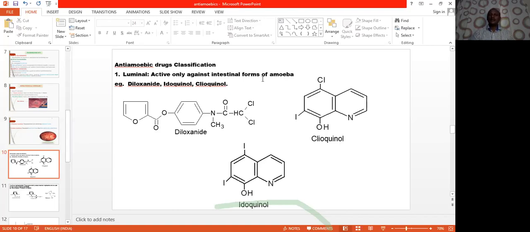If amoebiasis occurs in the lungs, brain, spleen, or heart, you cannot treat it using these drugs. They are only for intestinal amoebiasis. Examples are diloxanide, iodoquinol, and clioquinol, which are used for the treatment of luminal amoebiasis.